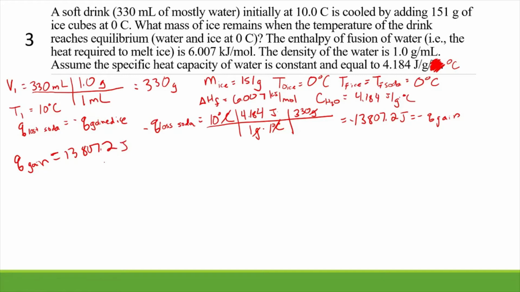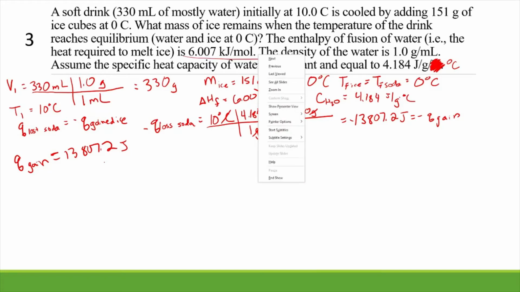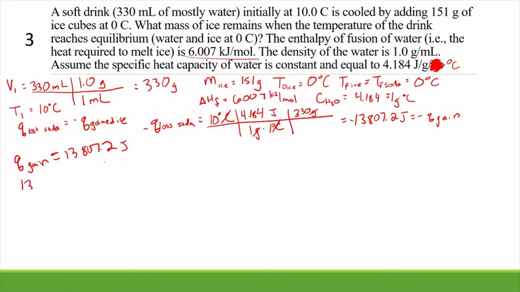Okay, so now we can use this to find out how much ice melted using that and the heat of fusion. So we have 13,807.2 joules. And the heat of fusion tells us we have 1 mole of ice for every 6.007 kilojoules of it.